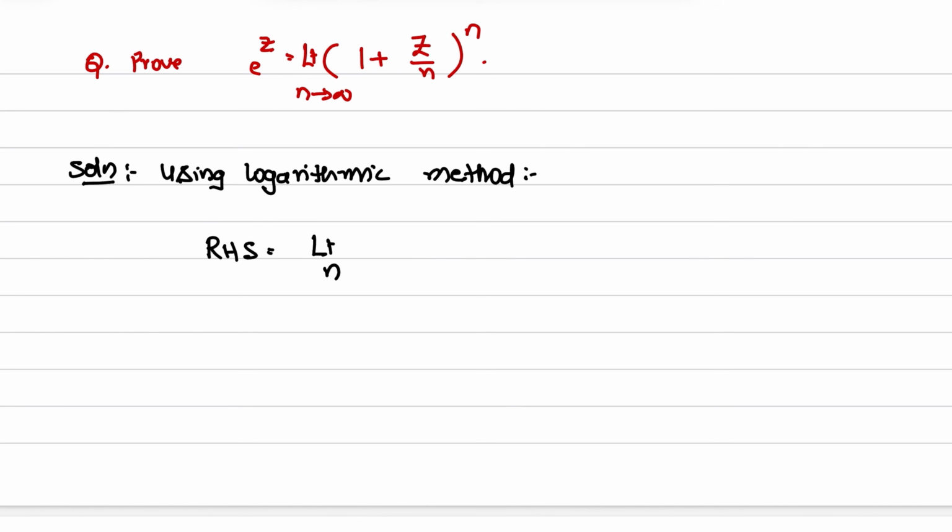equal to the limit as n tends to infinity of (1 plus z by n) to the power of n.